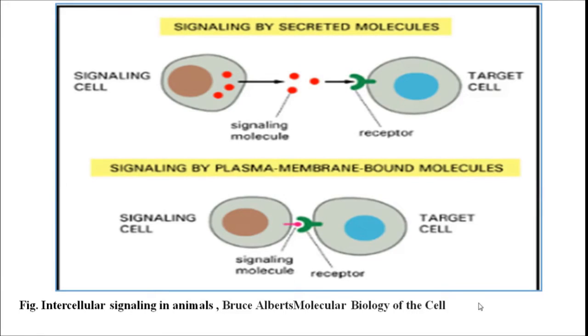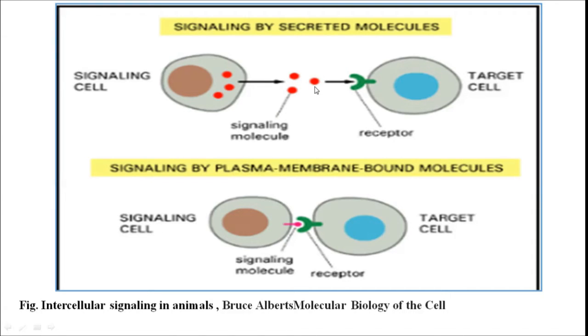Now here you can see two ways of signaling. First is signaling by secreted molecules. Here you can see the cell which produces the signaling molecule. This signaling molecule will be secreted extracellularly.